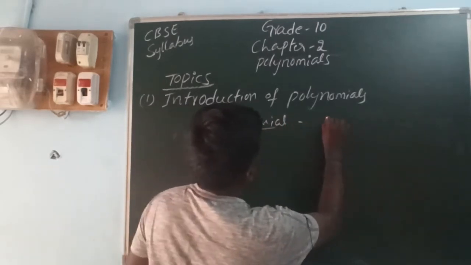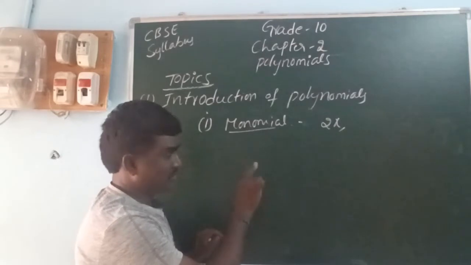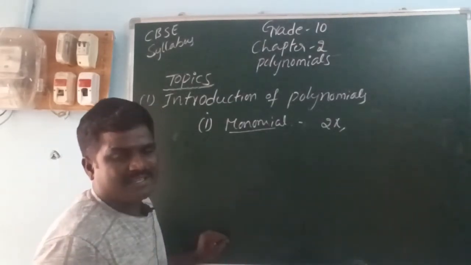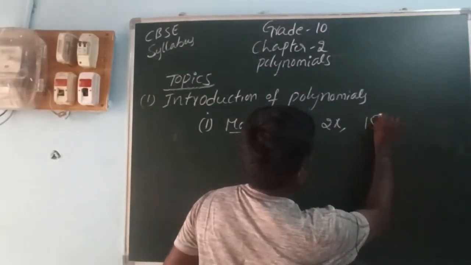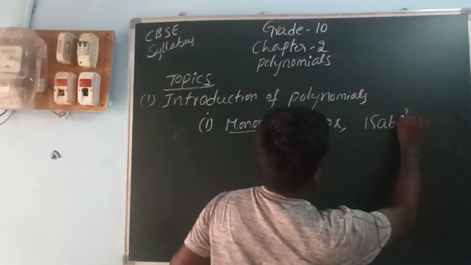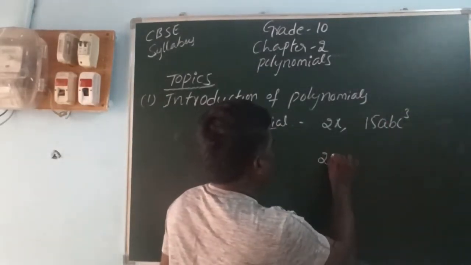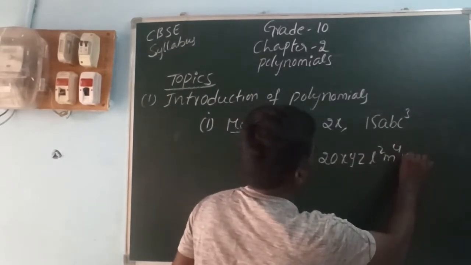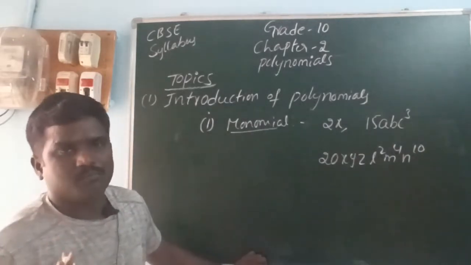For example, 2x is a monomial. There is no more than one term. Okay, for example, 15 a b c q is a monomial. Next, 20 x y z l square m power 4 n power 10 is a monomial, a single term.